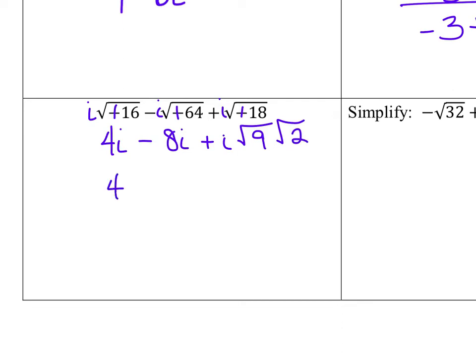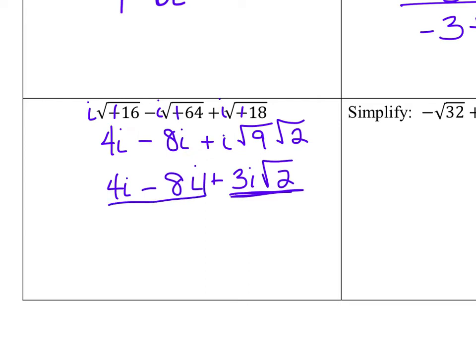So this would be 4i minus 8i plus 3i radical 2. Right, this 3i radical 2 is a unit. That unit cannot be broken up. But these two are like terms, so I can combine them. So it's negative 4i plus 3i radical 2.